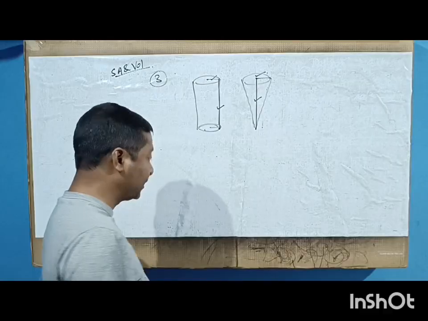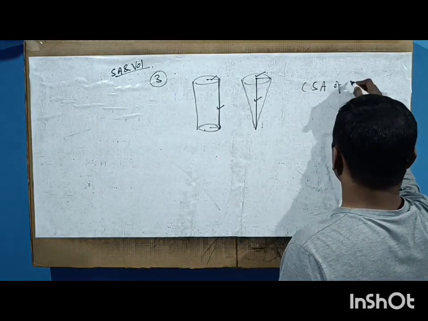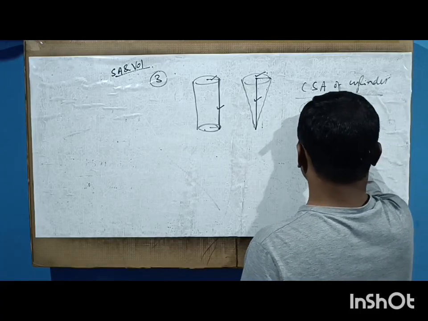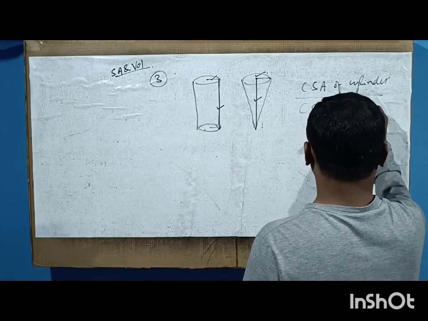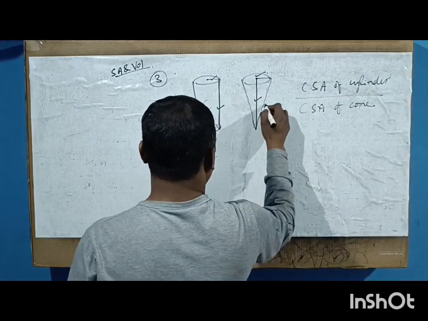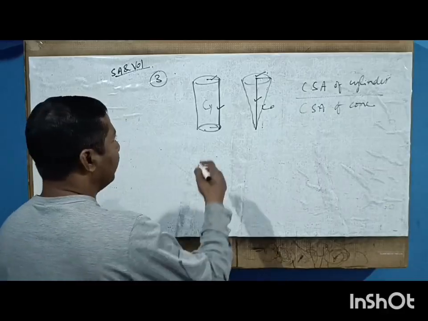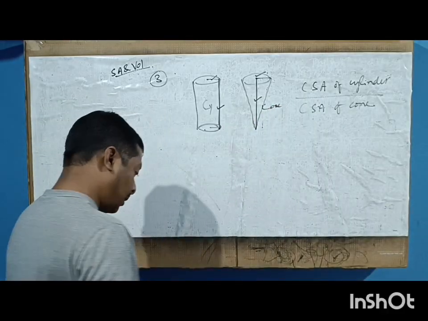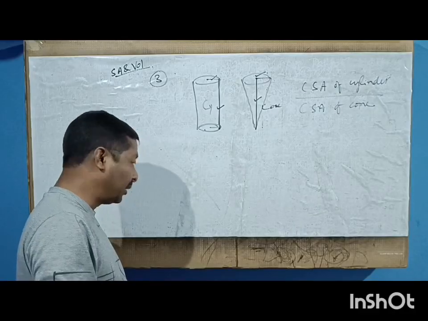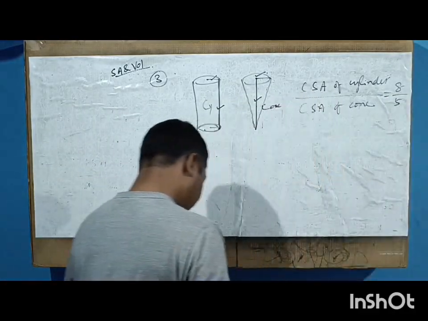If their curved surface area of cylinder by CSA of cone is given, as per the question, this is cylinder, this is cone, the ratio is 8:5.